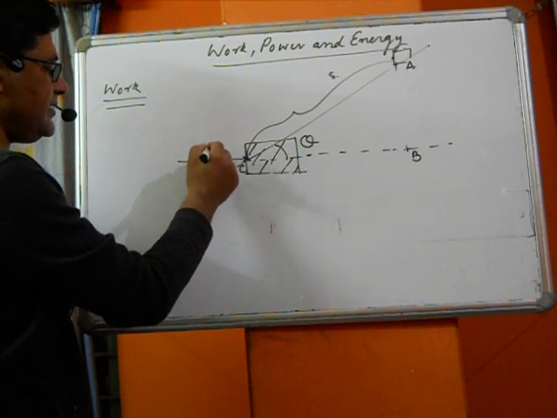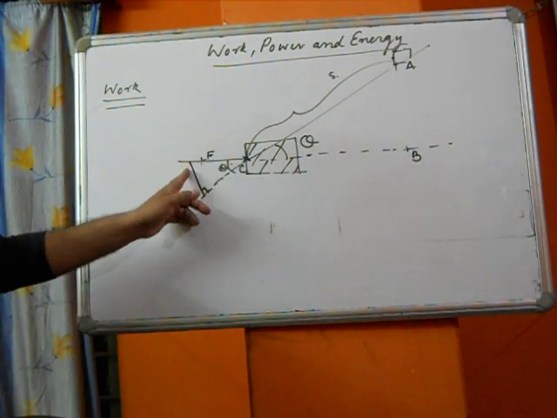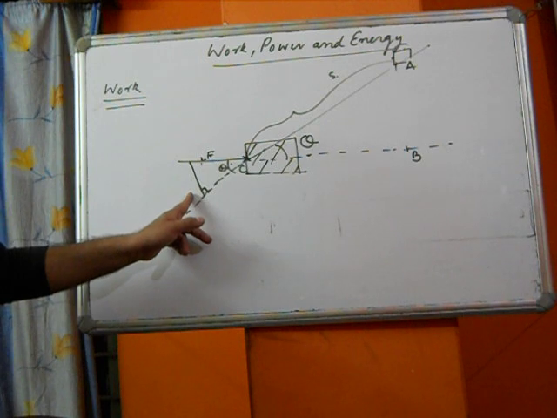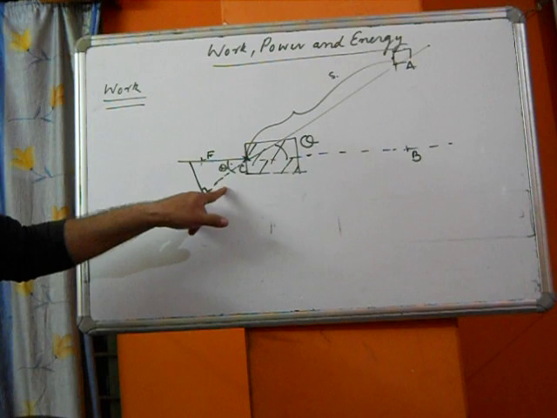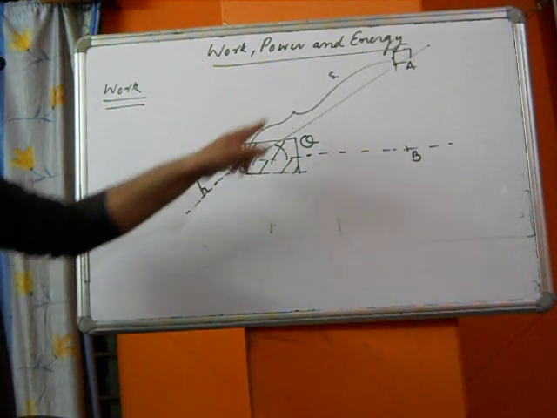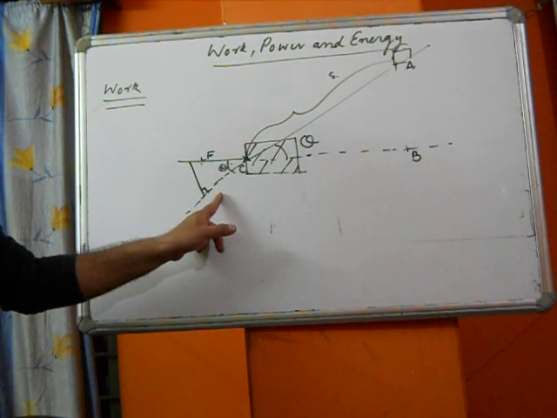This is theta, this is my force, and here this is my perpendicular. Now I need to bring this one to this side because both the force and the displacement have to be in the same direction.